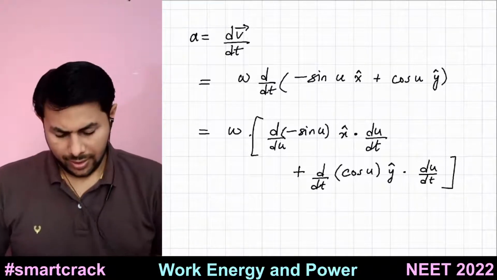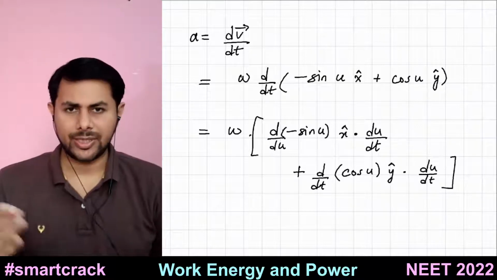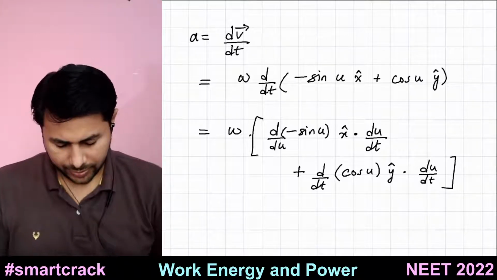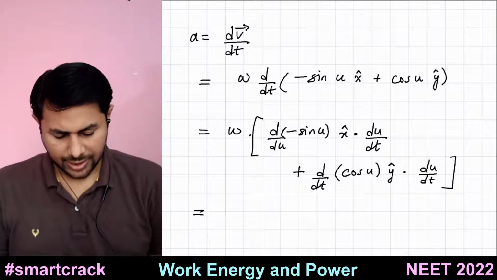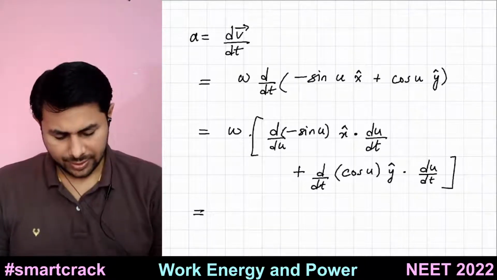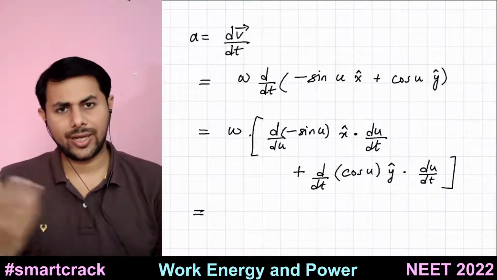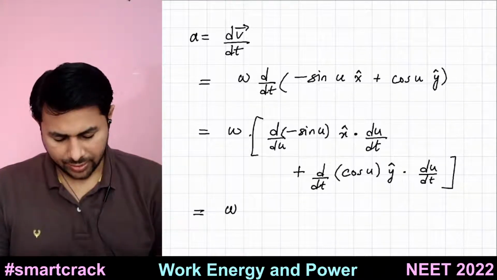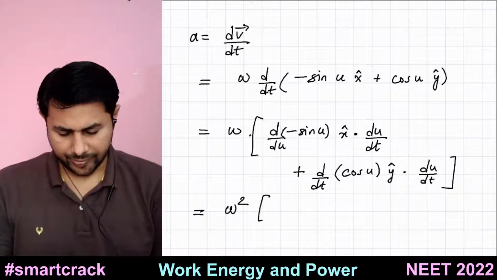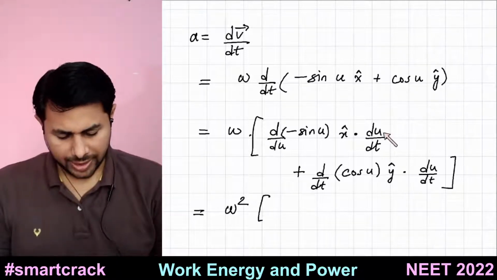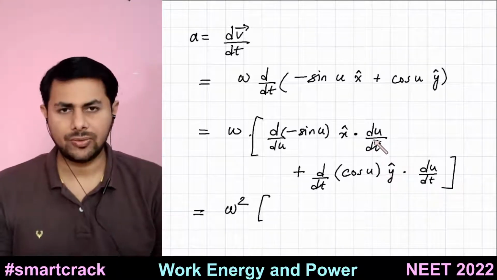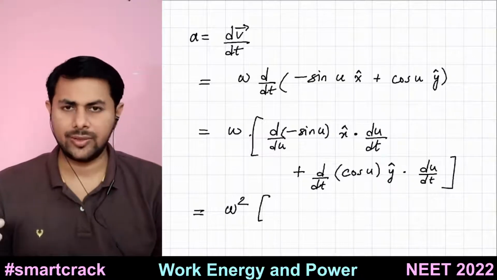After that, what is the derivative of sine u? It is cos u. So from the first term, what do you get? And du by dt is omega, and here also you have du by dt, that's omega. So omega can be taken out, so you get omega square. We have du by dt in both the terms.